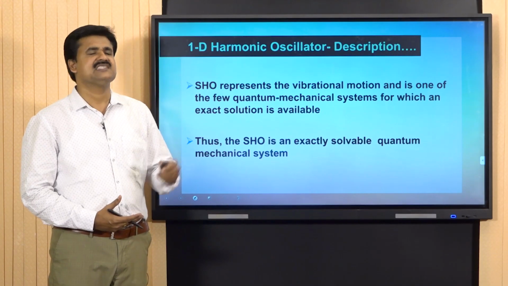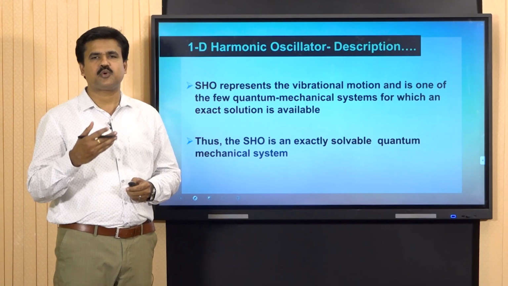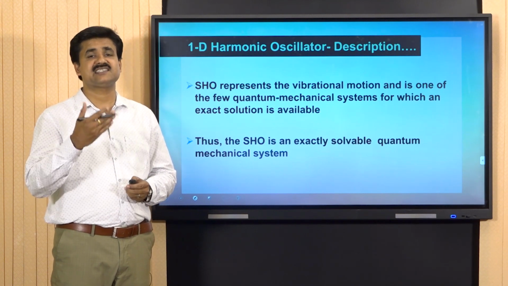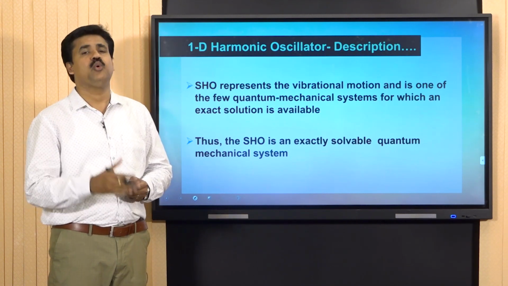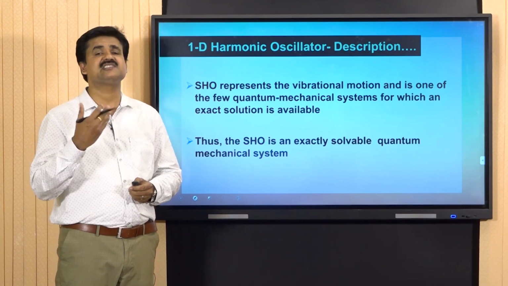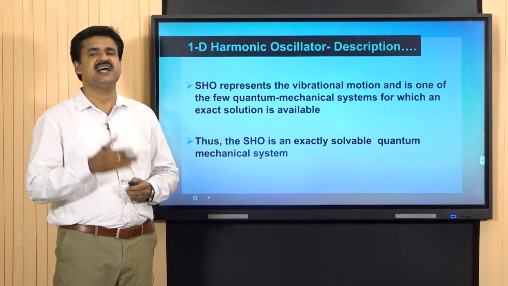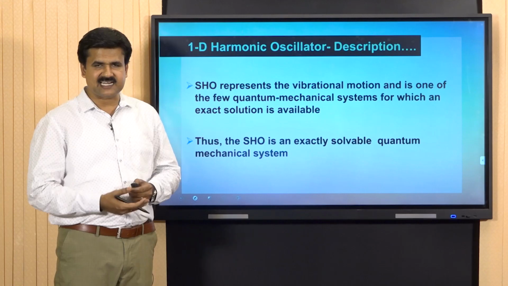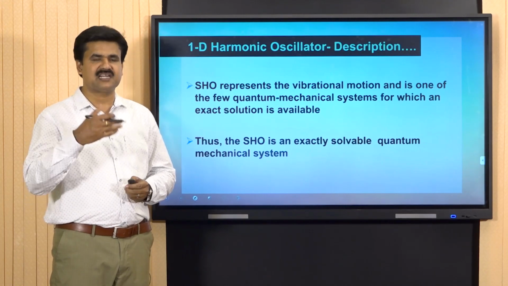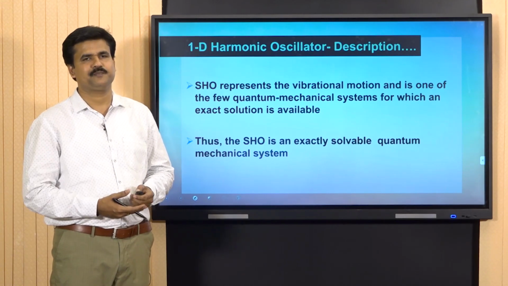That means the simple harmonic oscillator is a quantum mechanical system which is exactly solvable. Only the SHO is an exactly solvable system, just like the hydrogen atom problem, particle in a ring, rigid rotator, particle in a box, etc.